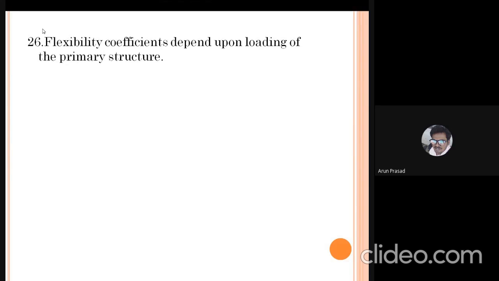Flexibility coefficients depend upon the loading of the primary structure. So in the flexibility matrix method, do the flexibility coefficients depend upon the loading of the primary structure?